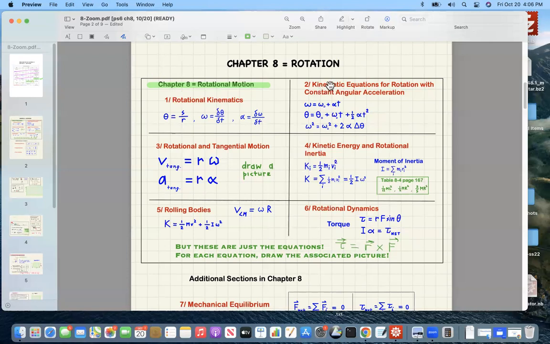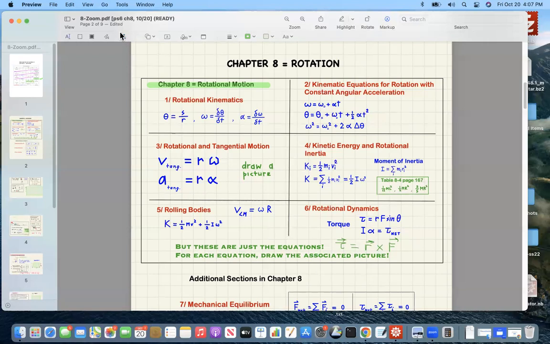Now, just as there are kinematic equations for motion of a point with constant acceleration, there are completely analogous equations for rotation with constant angular acceleration. So omega is omega 0 plus alpha t, where omega 0 is the initial angular velocity. Alpha is the angular acceleration, which we're taking to be constant here.